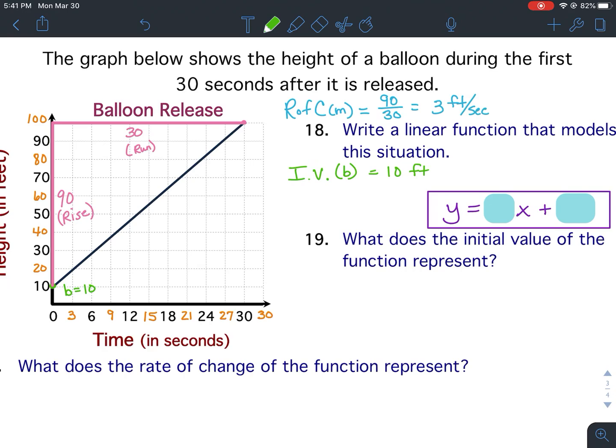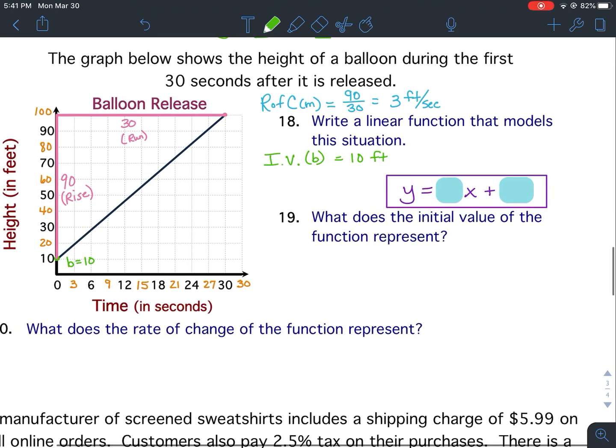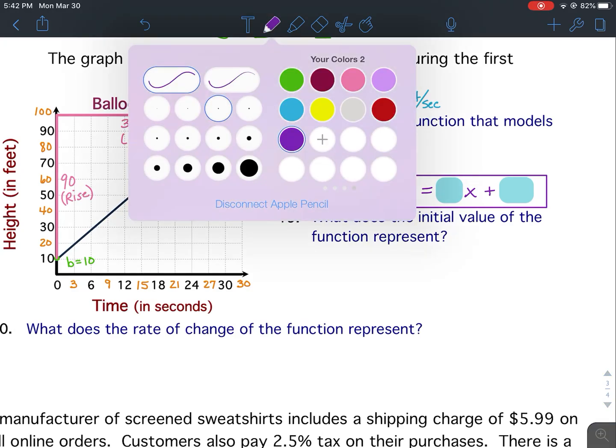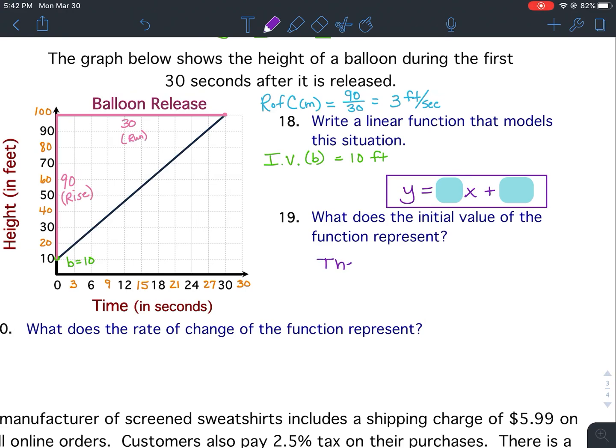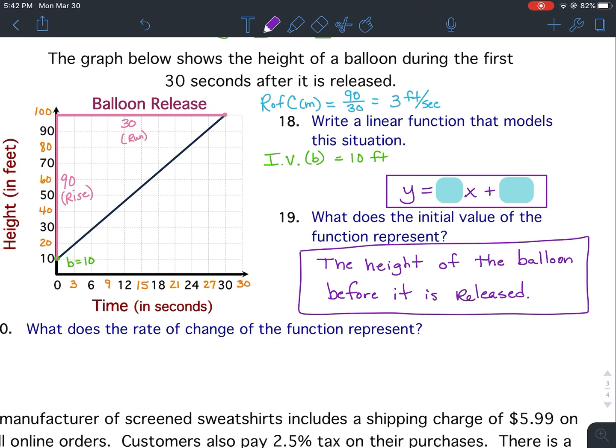So that means that the 10 feet is the height of the balloon before it is released. And that is our answer to number 19.